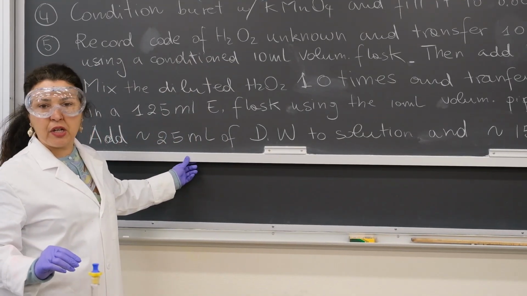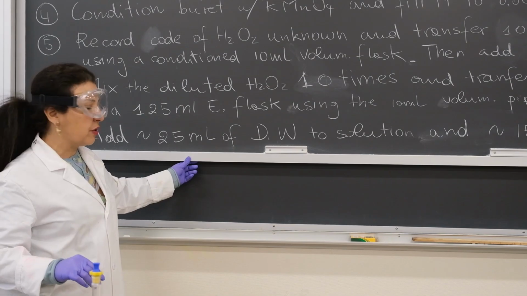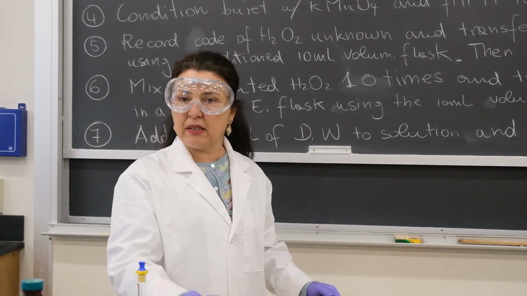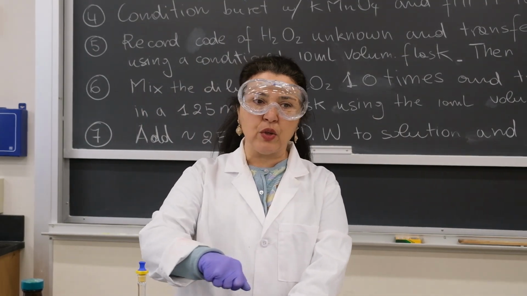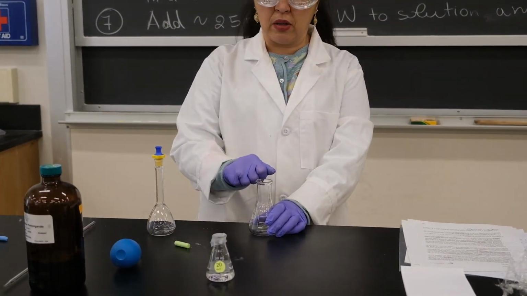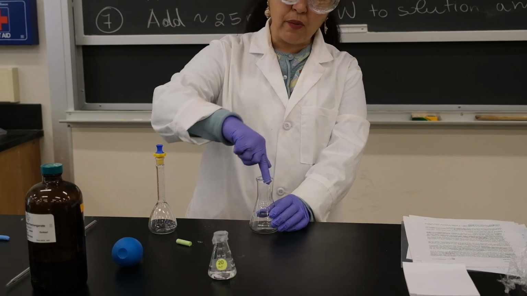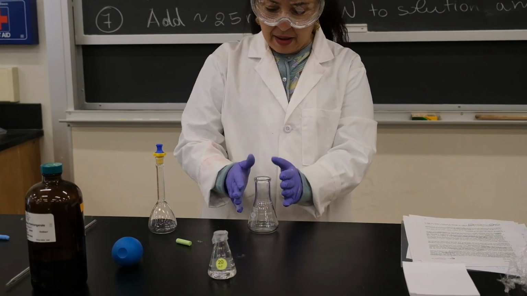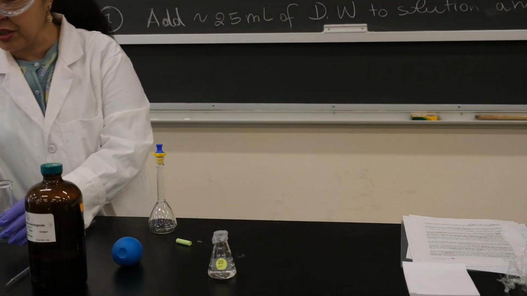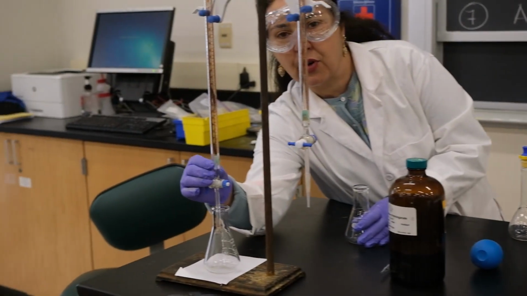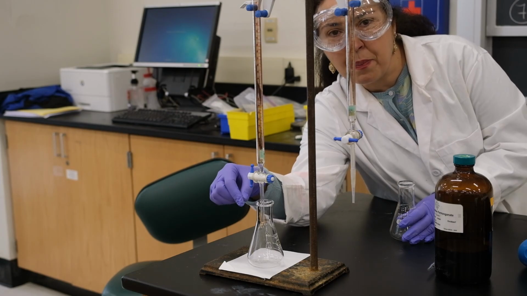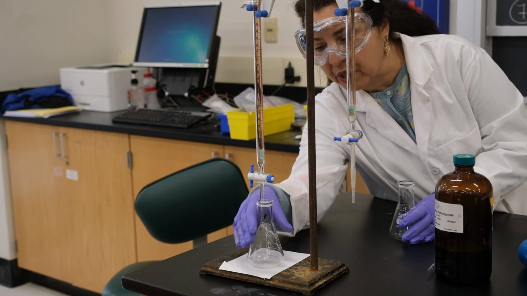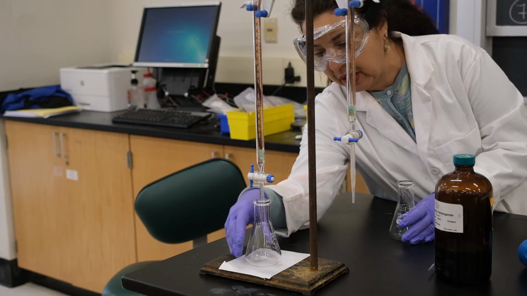And you make sure that your solution is mixed. Don't forget to always use your wash bottle to clean the walls of the permanganate, the splashes, when you're performing the titration. Because it could be that that drop will help you to reach the end point of your titration.